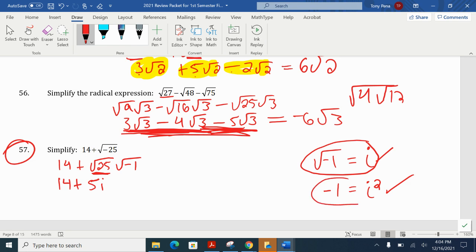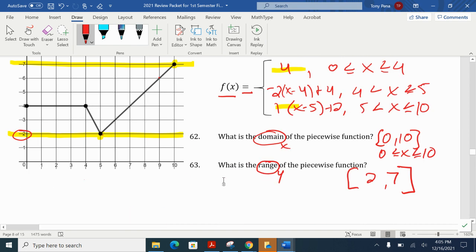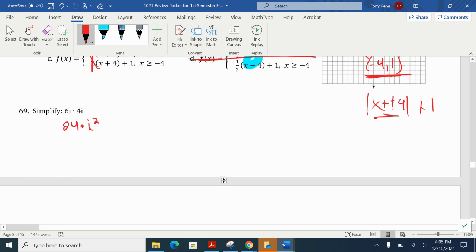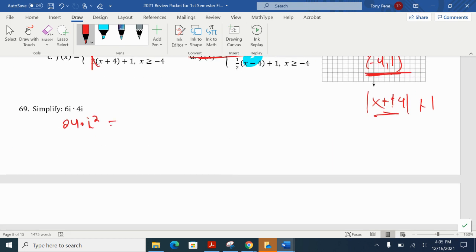And then i squared is us squaring that square root, so all we're left with is a -1. So i squared we need to know is a -1. That means I really have a 24 getting multiplied by, replace i squared with what it's equivalent to, the -1. So that's how we get -24.